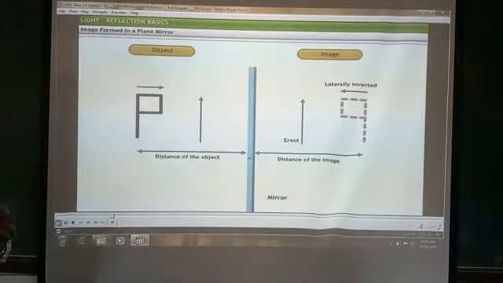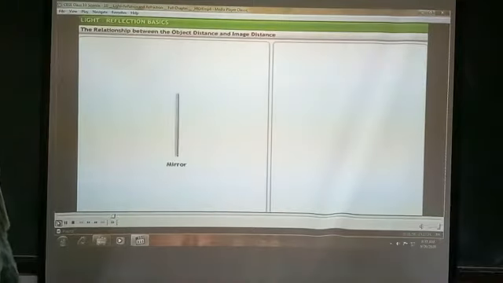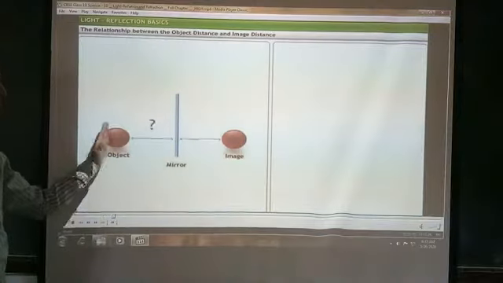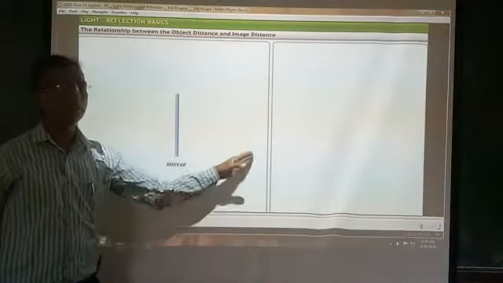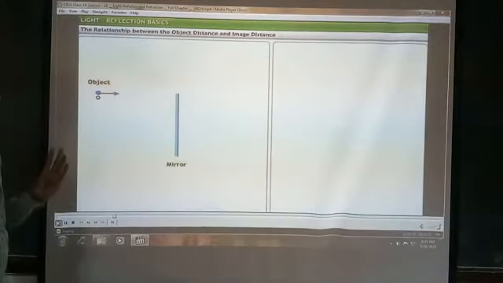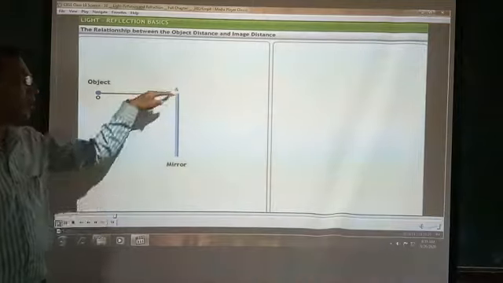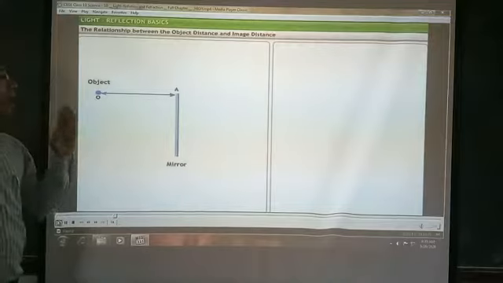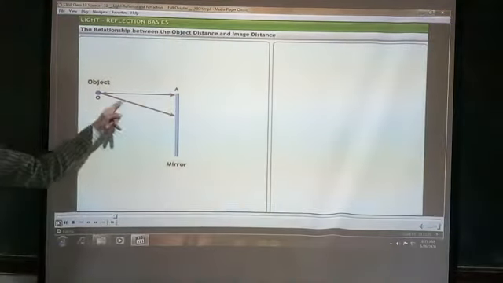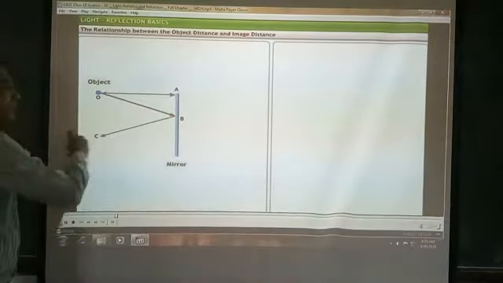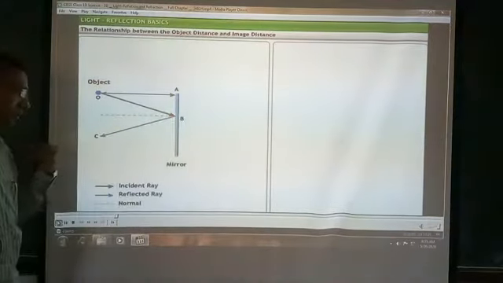So here we obtain the relation between the object distance and the image distance. Obviously in a mirror we obtain the image. Let us consider O is the object. This is the incident ray on the top of the mirror, at the point B. From the point O, let OB be the incident ray; it will be reflected back in the direction BC.